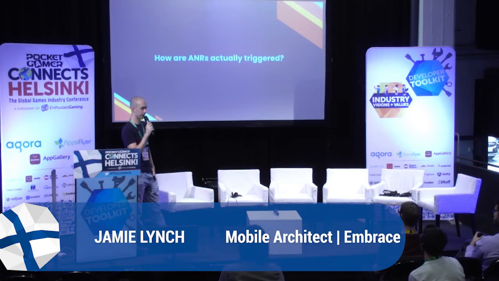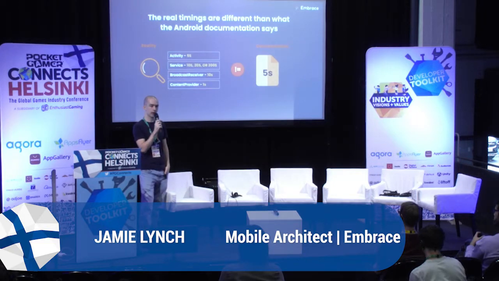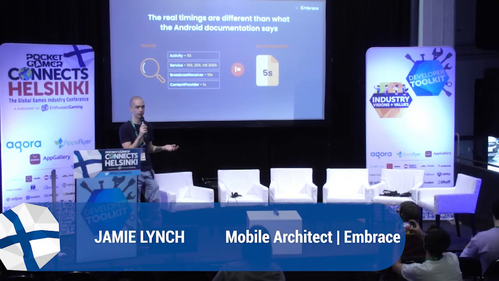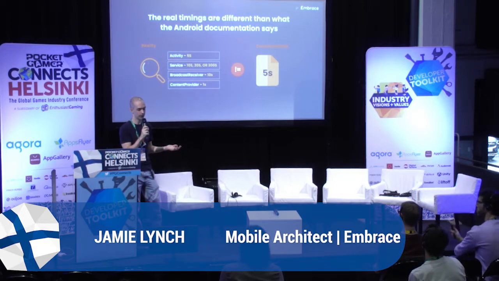Let's go over our second item, how ANRs are actually triggered. We dove into the Android source code and had a look at what the threshold for triggering an ANR is. It's commonly held amongst Android developers, and probably on the web, that if you block the main thread for about 5 seconds, your app triggers an ANR, but that's not actually the case.